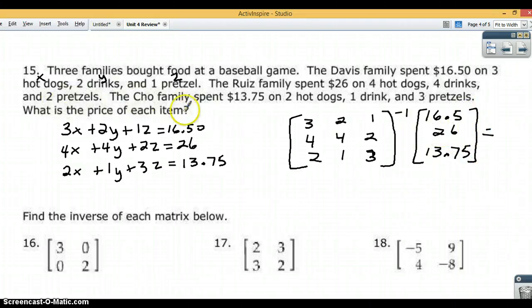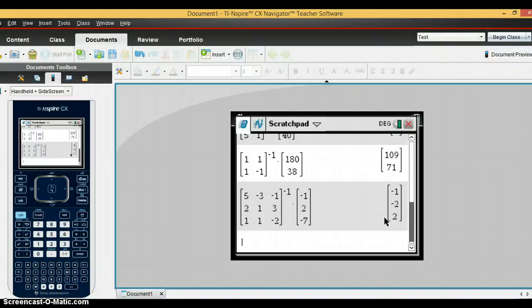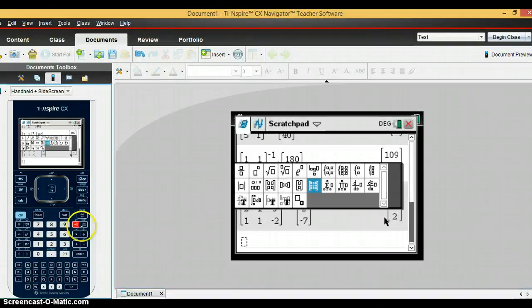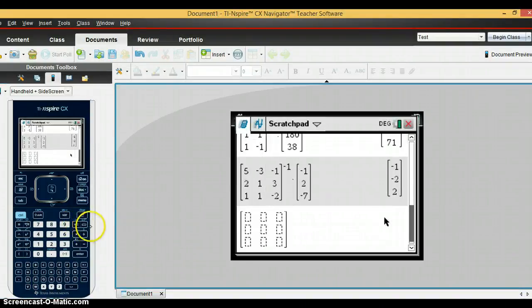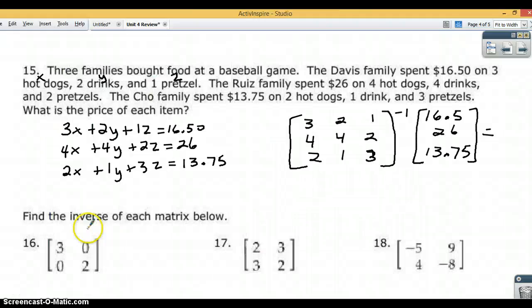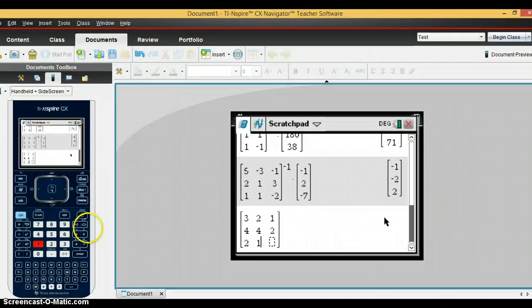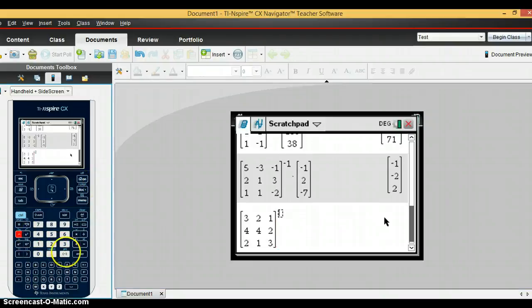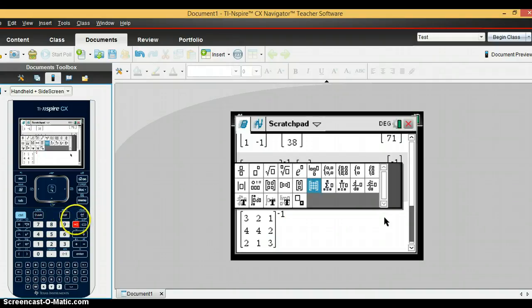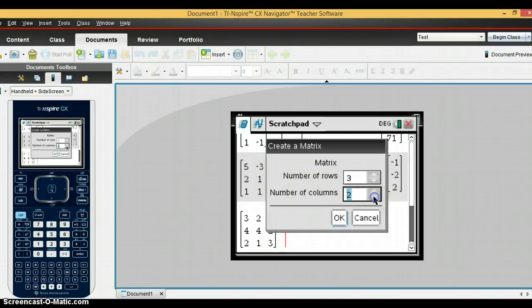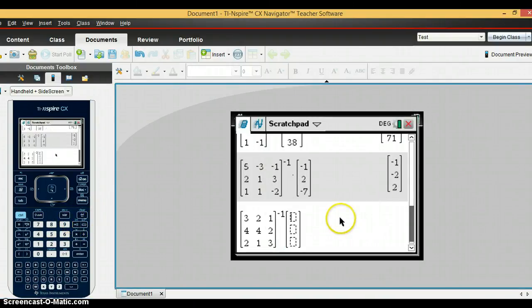Alright, so it says what is the price of each item? So we come back to our calculator. We want a 3 by 3, which has 3, 2, 1, 4, 4, 2, and 2, 1, 3. We want that raised to the -1. And then we want a 3-row, 1 column.